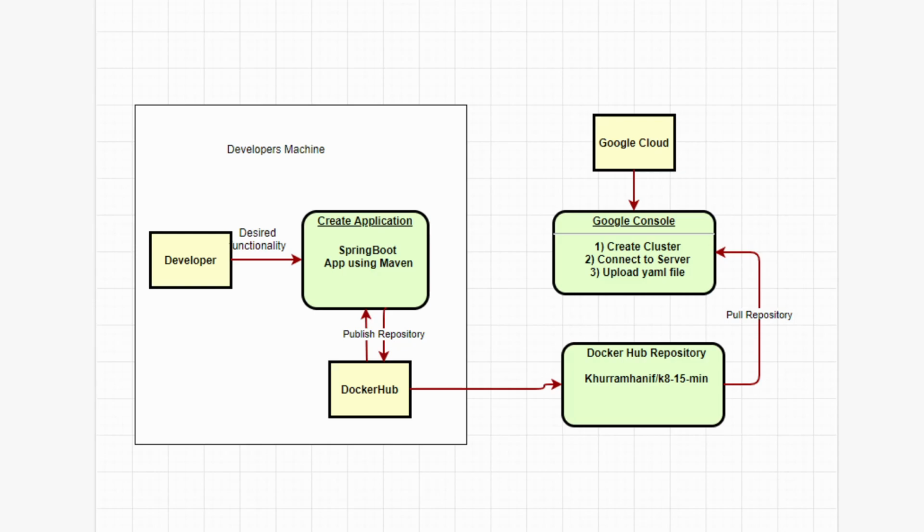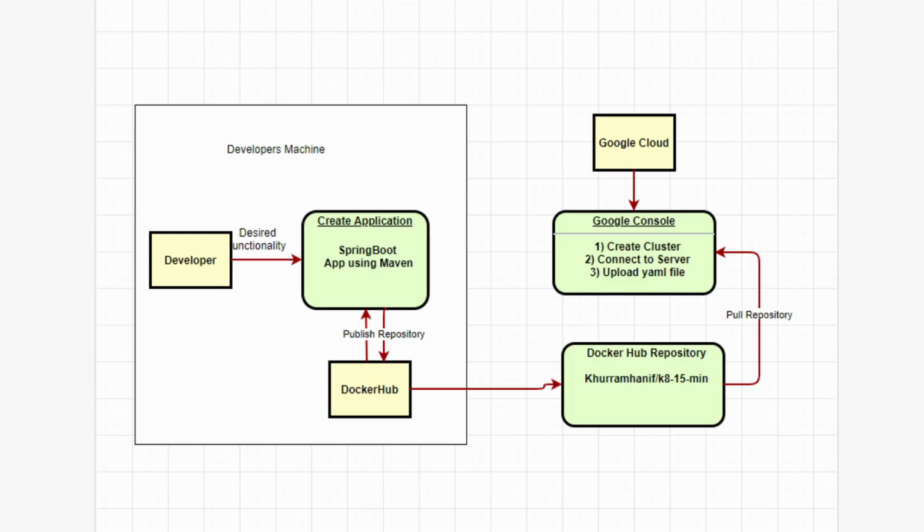Then that application was pushed, using the Docker installed locally on the developer's machine, to DockerHub, and the repository we already saw was from NFK 815 minutes. And then using the Google console, we created the cluster, connected to the server and uploaded the YAML file, which in turn started the application and then we tested it.